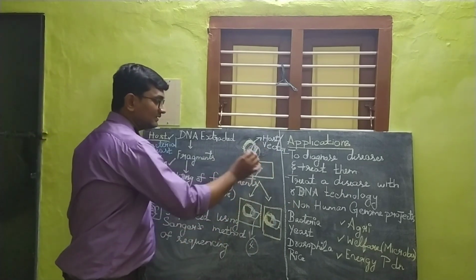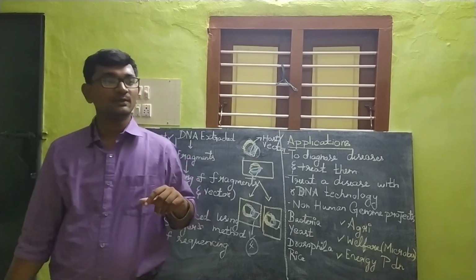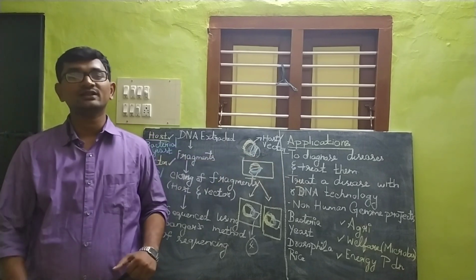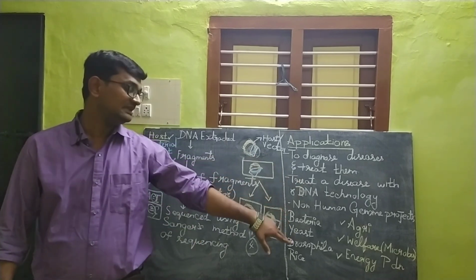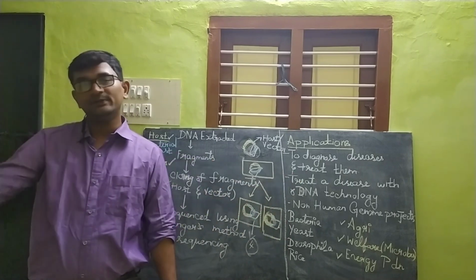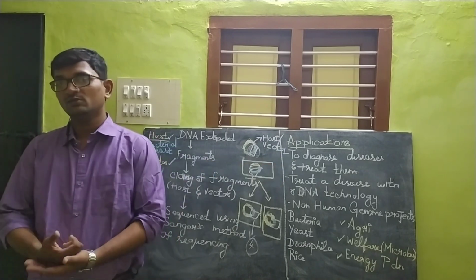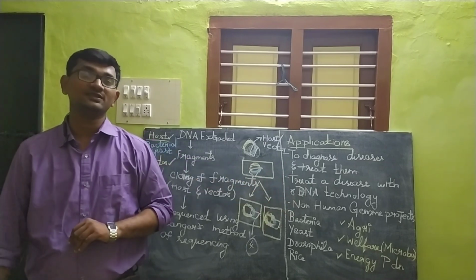We take a single fragment and join it with a host, so it is treating a disease with rDNA technology. Other than human beings, what organisms are used in the Human Genome Project? Bacteria, yeast, Drosophila and rice. What are the different day-to-day applications where we use the Human Genome Project? In the field of agriculture, in microbes, and in human welfare.